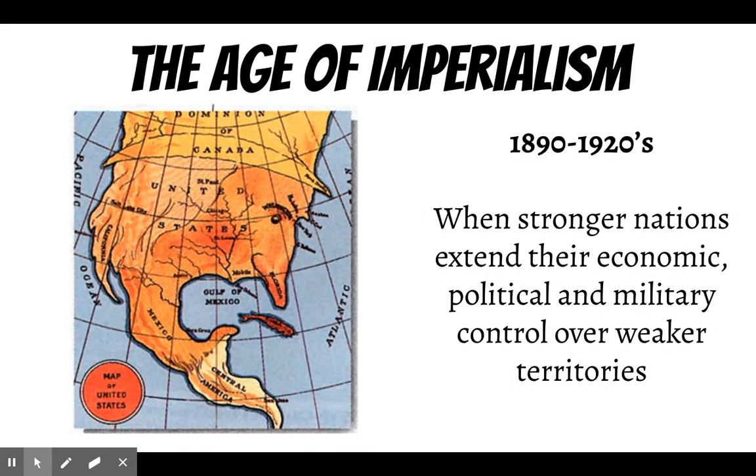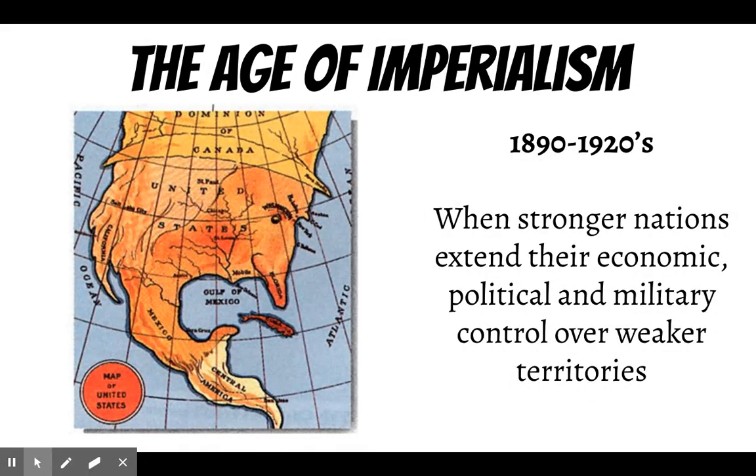Economic imperialism. We economically take over another country. We're only doing it for trade benefits. There's also cultural imperialism, which is the idea that we are taking over someone else's culture. We are expanding America's influence, and we are culturally taking over that nation.